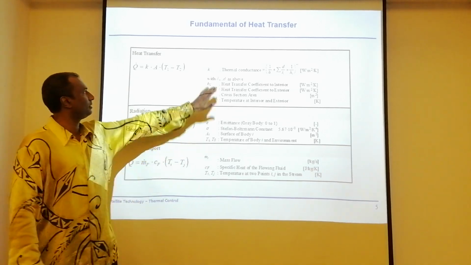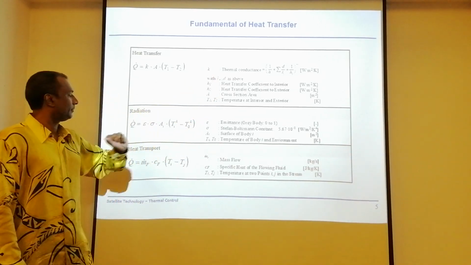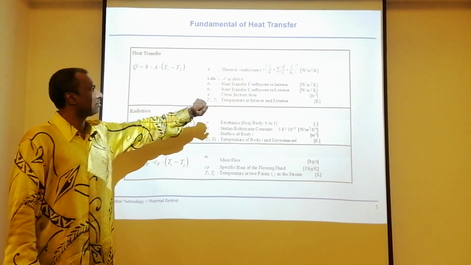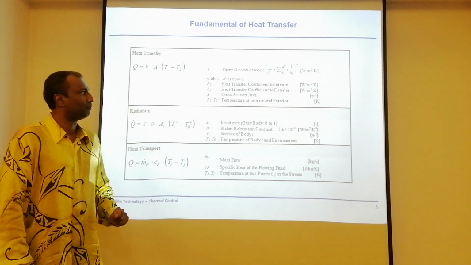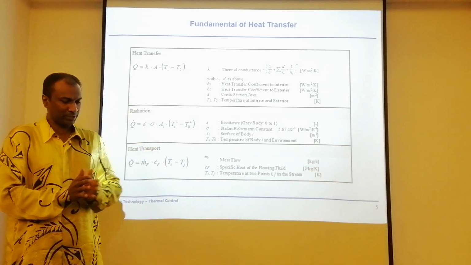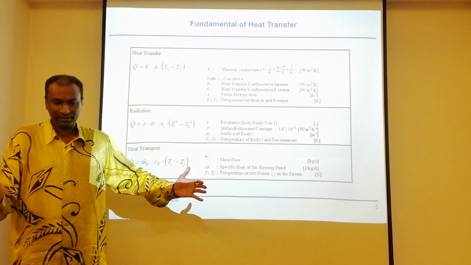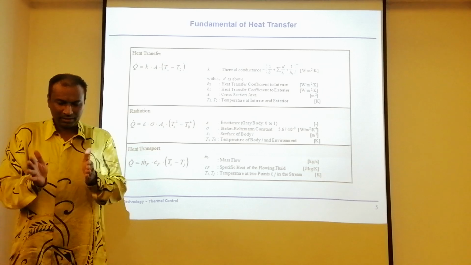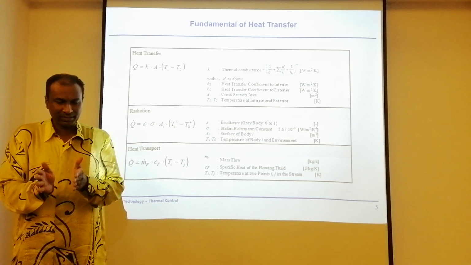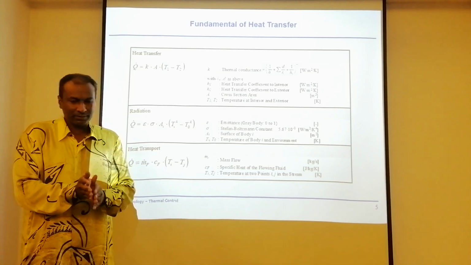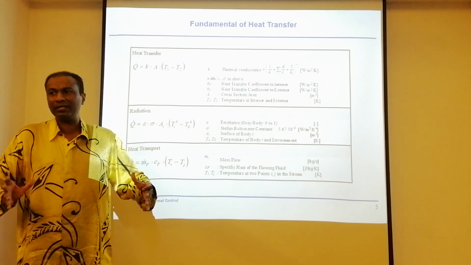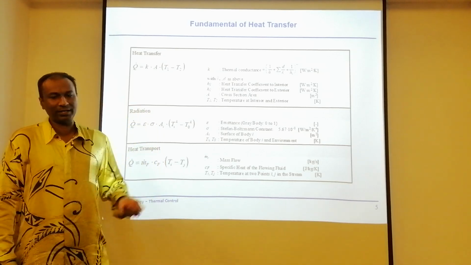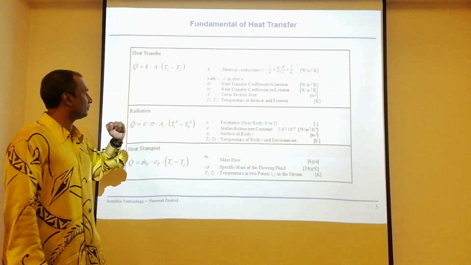This can be easily done. And the conductance is not specific to one material; let's say you have 5 different materials. Let's say A to B is aluminium, and B to C is steel. You should be able to use this formula to calculate the actual heat transfer.